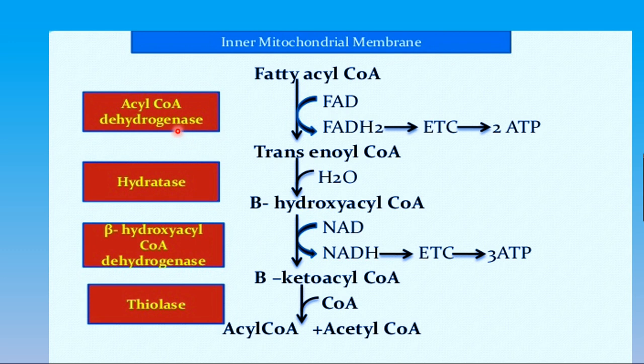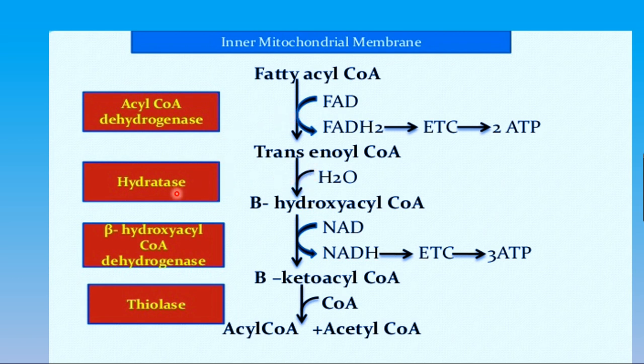So this acyl CoA dehydrogenase depends upon the FAD, and FAD is converted into FADH2, which is going to enter into the electron transport chain, and that's how you are going to have the generation of ATP. Now this fatty acyl CoA is getting converted into trans-enoyl CoA in the presence of the enzyme acyl CoA dehydrogenase, and this step is called the oxidation step.